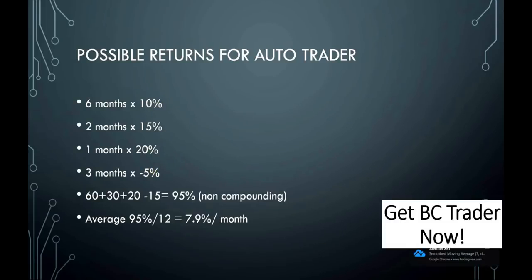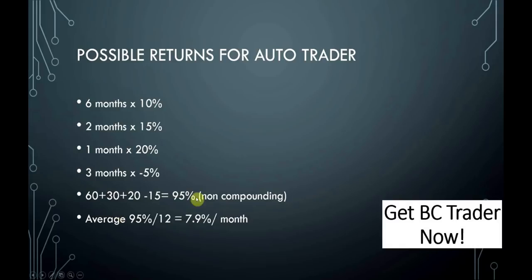All right. That would basically mean that if you add all of this together, 60% plus 30% plus 20% minus 15%, you get about 95% non-compounding. Okay, so that basically means that you took it out, you put it back in, you moved around the trading pairs, you reset your bot every month. It's non-compounding.